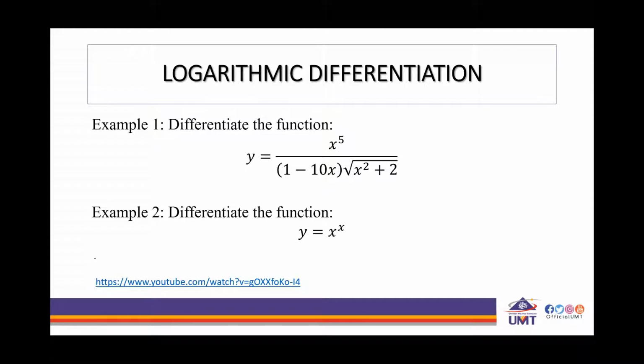All right. So now, how are we going to differentiate the function? Let me open the whiteboard, easier for me to write. So given the function y is equal to x to the power of 5 divided by 1 minus 10x times x squared plus 2.